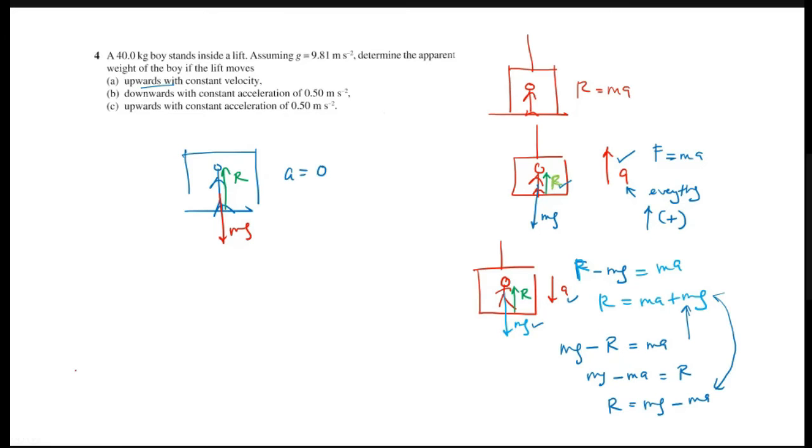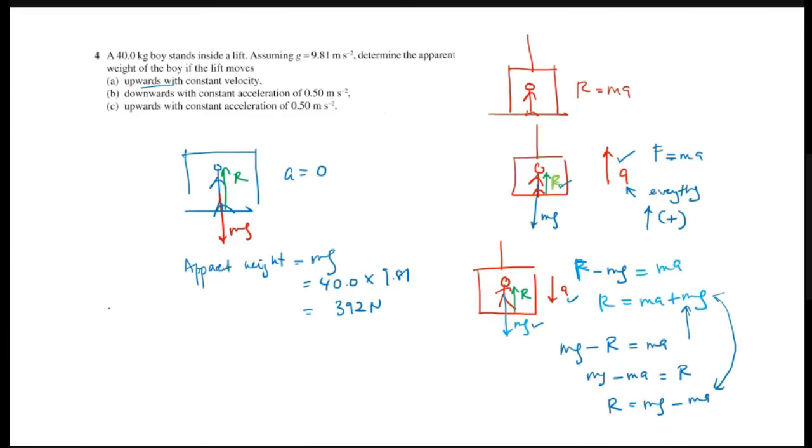The apparent weight equals mg because the acceleration is 0. So 40.0 times 9.81 gives 392 newtons. Because there's no acceleration, R and mg do not have plus or minus.